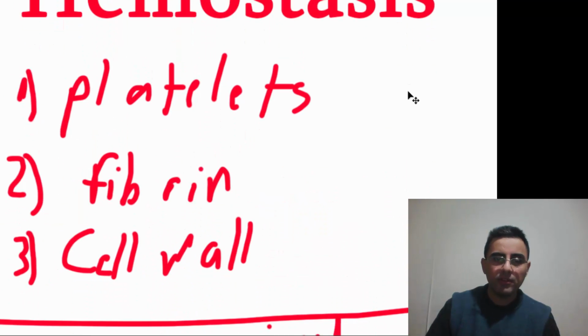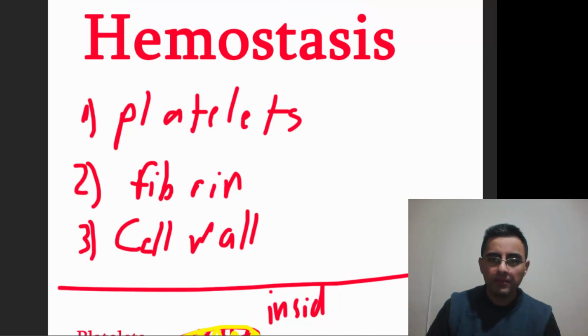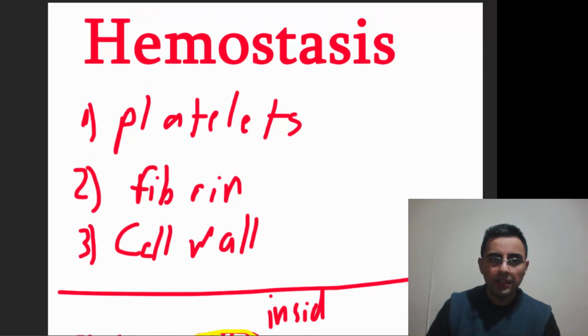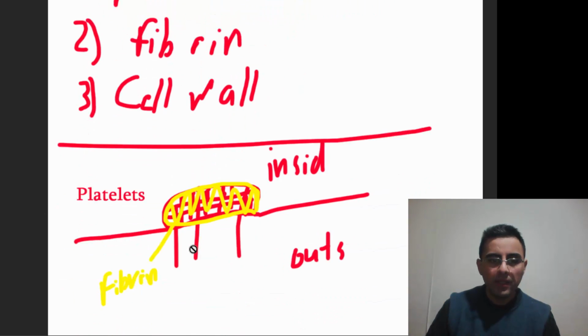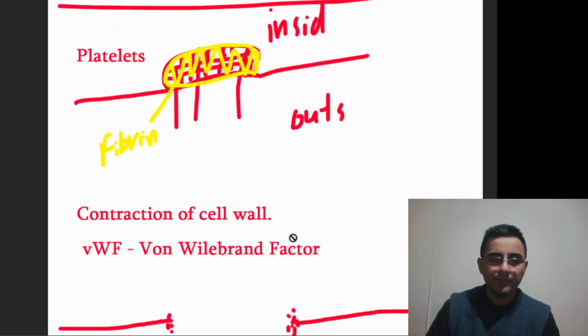So this is hemostasis. Let's summarize. Hemostasis is stopping bleeding. It's a function of the organism. Hemostasis consists of three main characters: platelets, fibrin, cell wall. Platelets are aggregated and they are strengthened by fibrin.